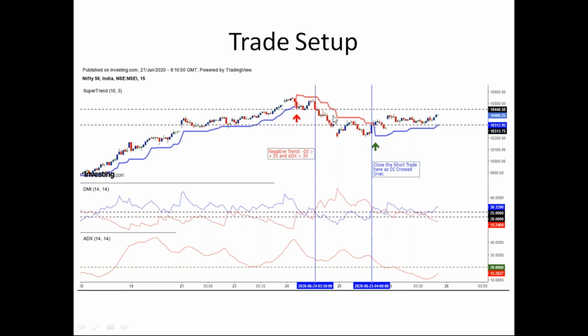When there is a downtrend in Nifty and the minus DI is higher than the positive DI, we will take the put options. And we won't trade when the trend is positive but there is a negative crossover on the DI. We won't trade these. So that's how we avoid the whipsaws.